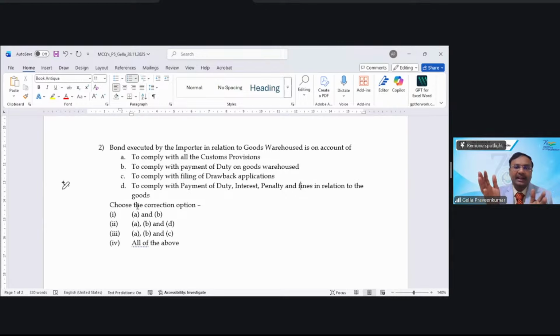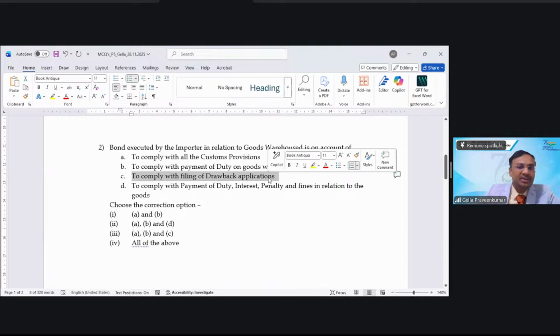Interest beyond a period of 90 days: I cannot promise as of today whether I will hold beyond 90 days or for 90 days, so here also interest may be payable. Penalty, any violations: we can't presume violations may not happen. May happen, may not happen. Fine may be levied, may not be levied. So here A, B, and D seem to be right answers. C doesn't seem to be a right answer, because it doesn't fit into the context which we are talking about. So ABD fits into option number 2.